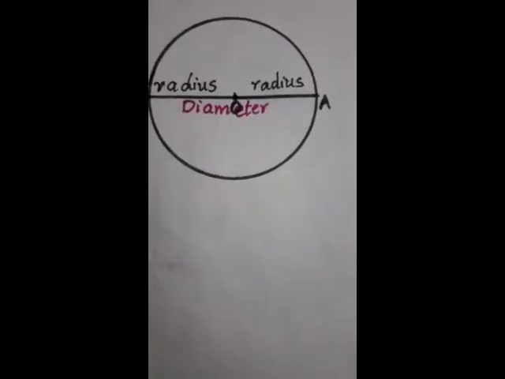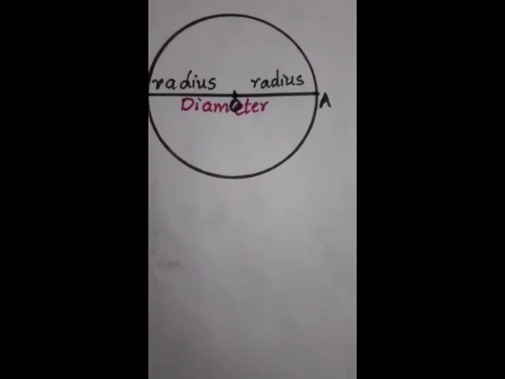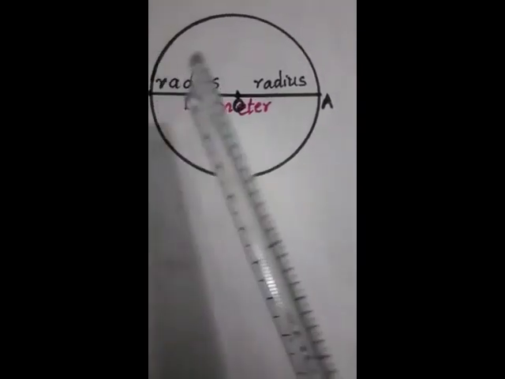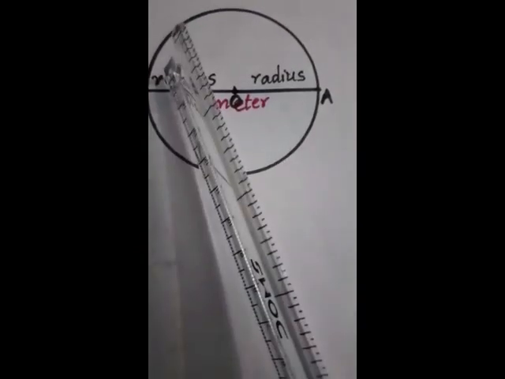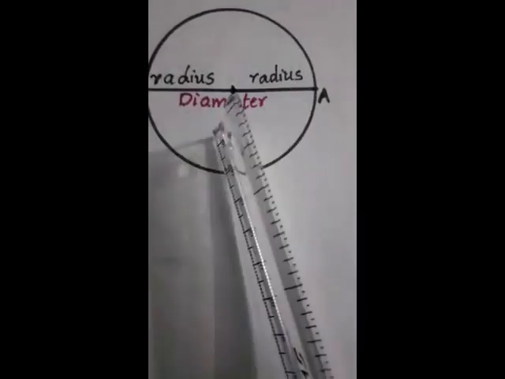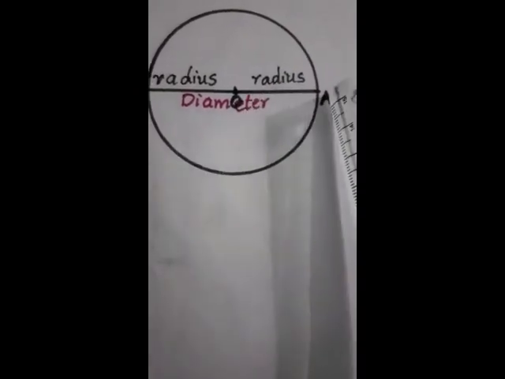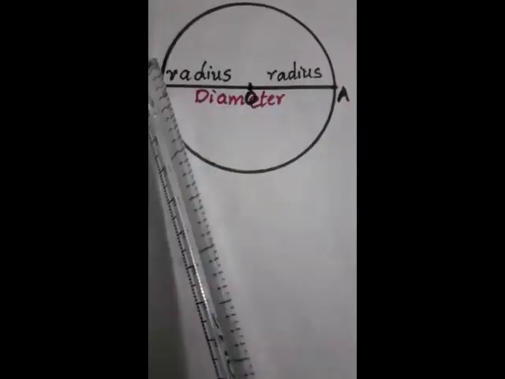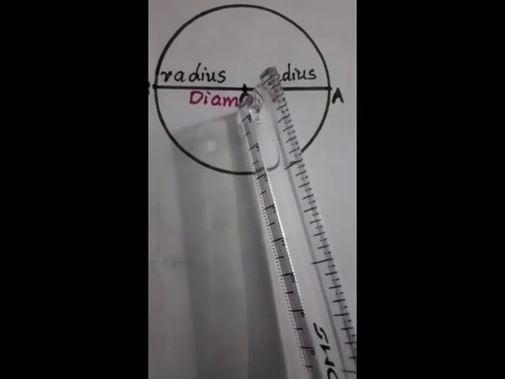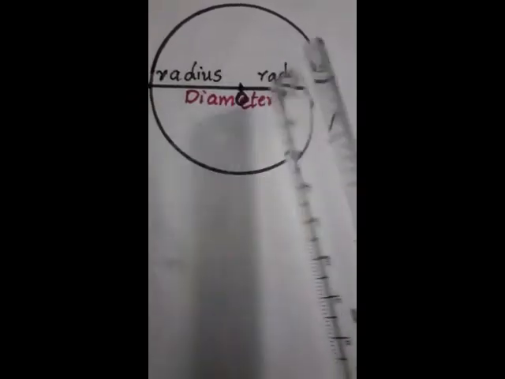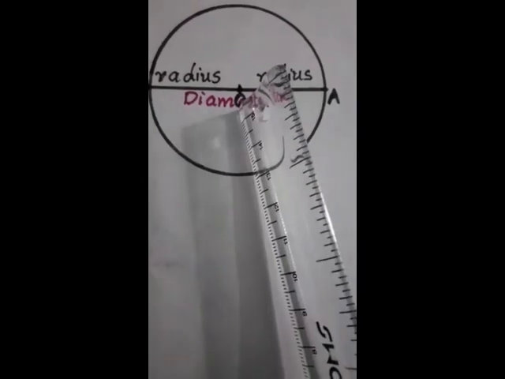Now look here, children, this full line is called diameter. If you join OA and OB, these two radii, you will get the diameter. So joining OA and OB is nothing but the diameter.